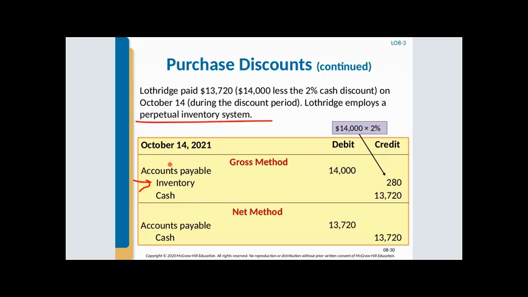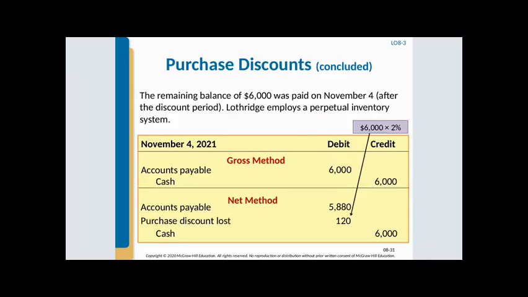Credit the inventory, reduce the inventory to the amount that was actually paid for this inventory. And then if we have the net method, we are just going to debit accounts payable and credit cash because it's already net of the discount.